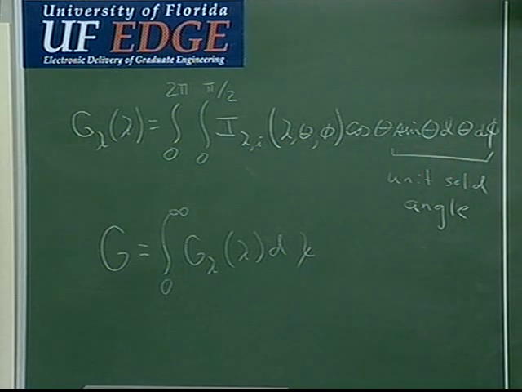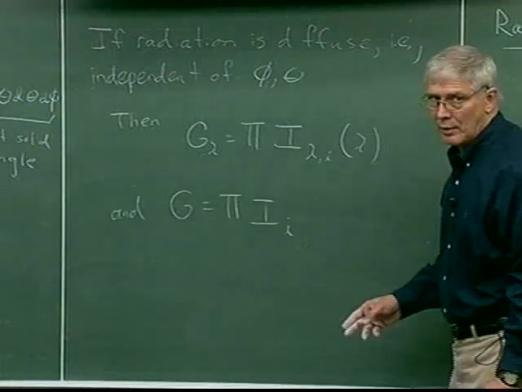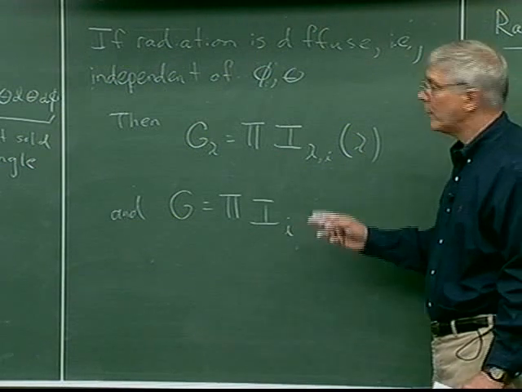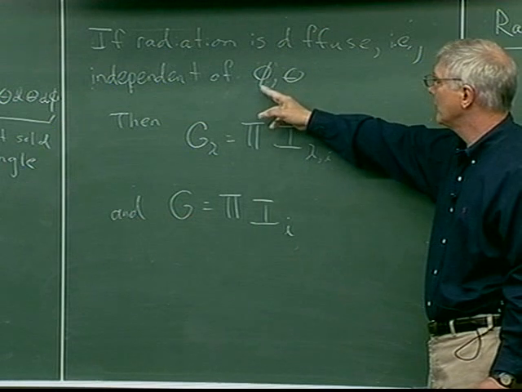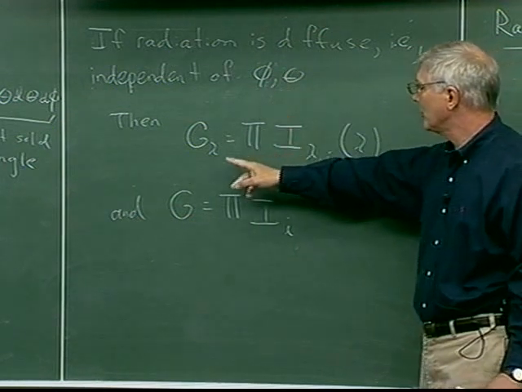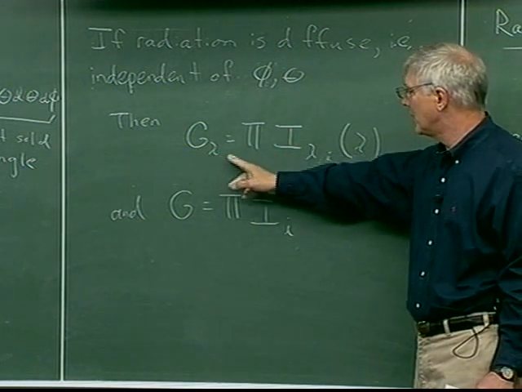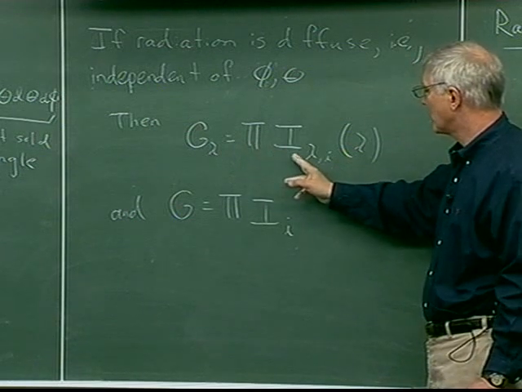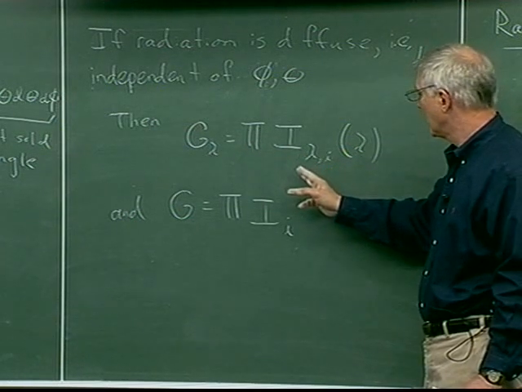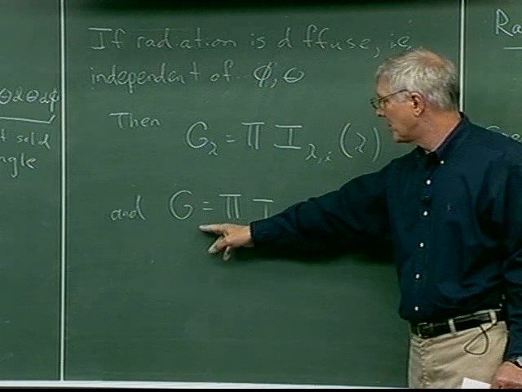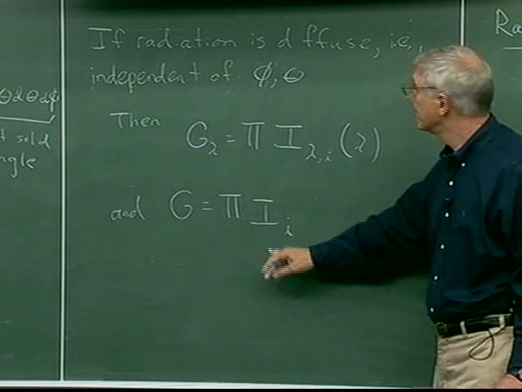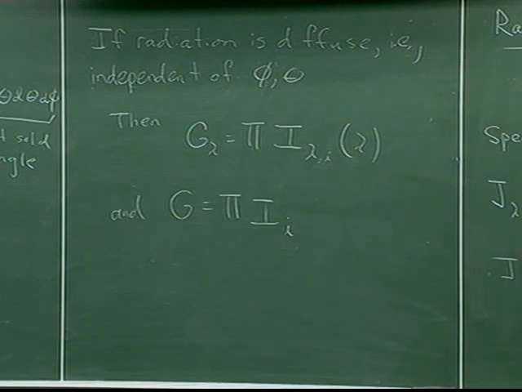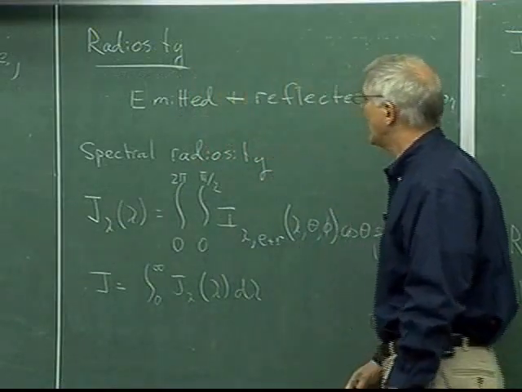Okay, now if the radiation is diffuse, meaning again it's independent of direction, phi and theta, then we can say that the spectral irradiation is pi times the spectral intensity, and then the total irradiation is pi times the total intensity.